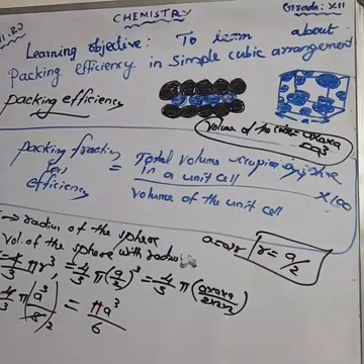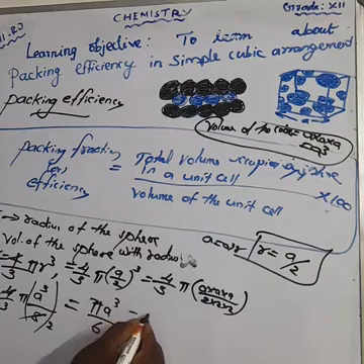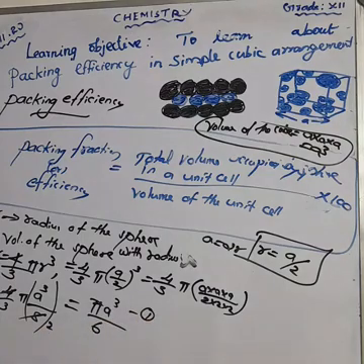So our value is pi A cube divided by 6. This is equation number 1.